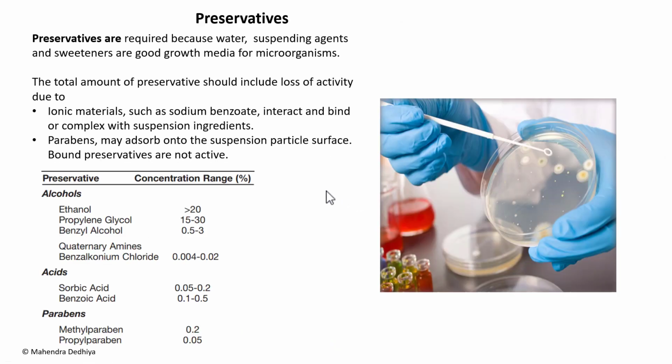Preservatives are required because of water. Some of the suspending agents support microbial growth, and sweeteners that are used in oral preparations support microbial growth. Total amount of preservatives should be looked at, and loss of activity of preservative in suspension is important.